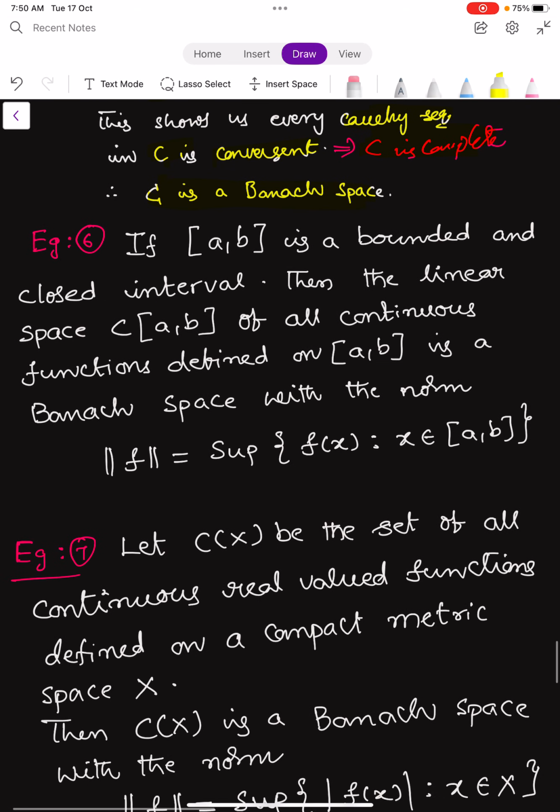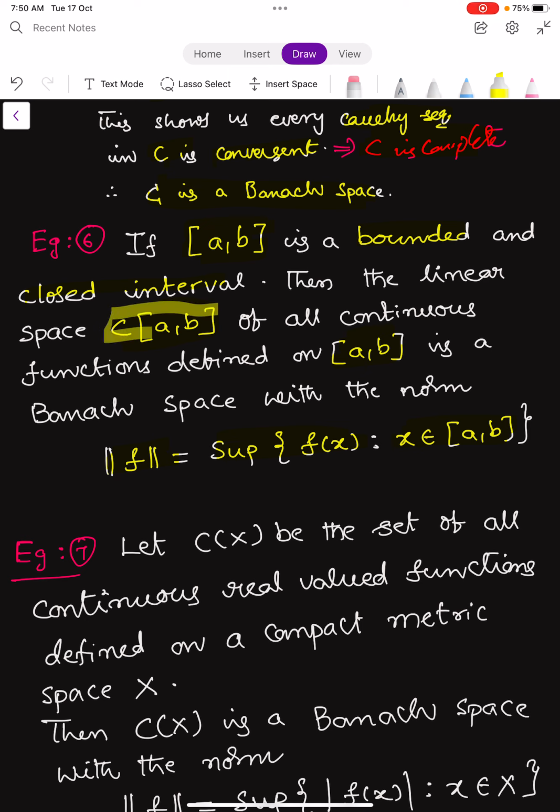Now let us see example number 6. The closed interval [a, b] is a bounded and closed interval. Then the linear space C[a, b], this symbol represents the set of all continuous functions defined on the closed interval [a, b], is a Banach space with the norm ||f|| = supremum of |f(x)|, where x belongs to the closed interval [a, b].